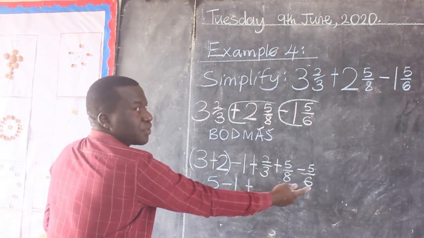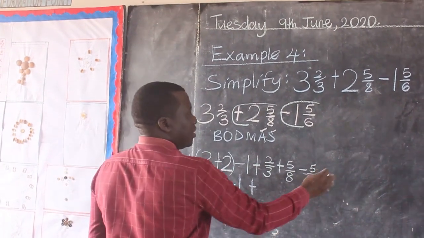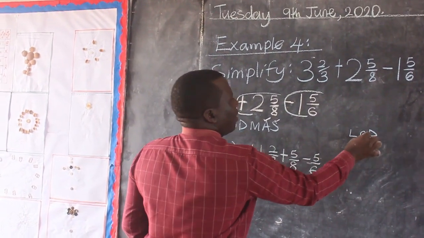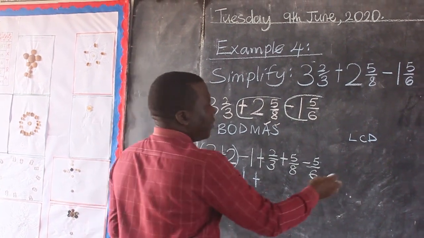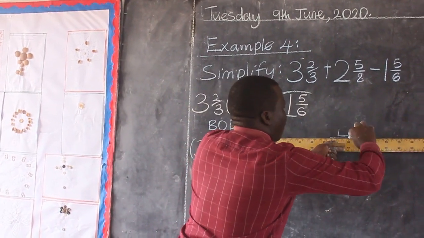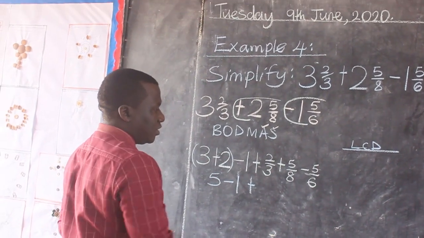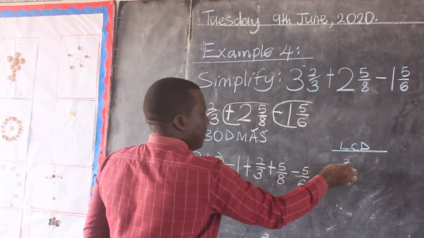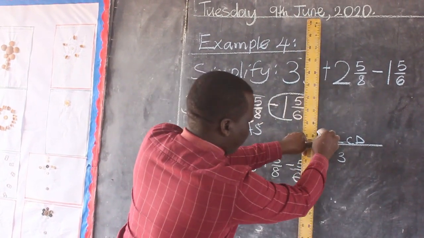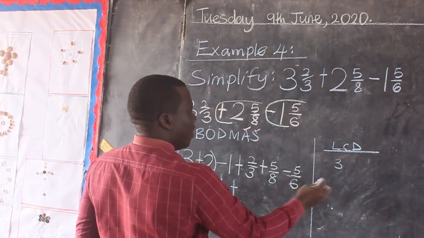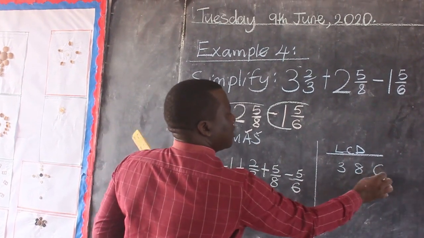This is where you need to first find the lowest common denominator of all these denominators, 3, 8, 6.